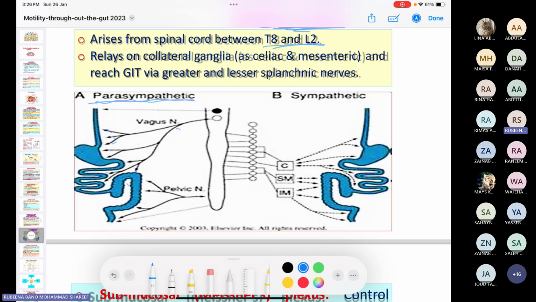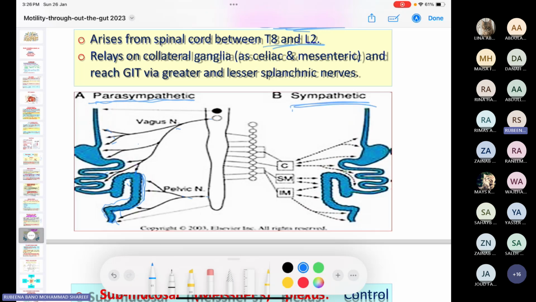Okay, and then the pelvic nerve, it is coming from the S2, S3, and S4, right? And it will supply the distal half of the colon, distal half. So this is the distal half, descending colon, sigmoid, rectum, and this anal canal, right?